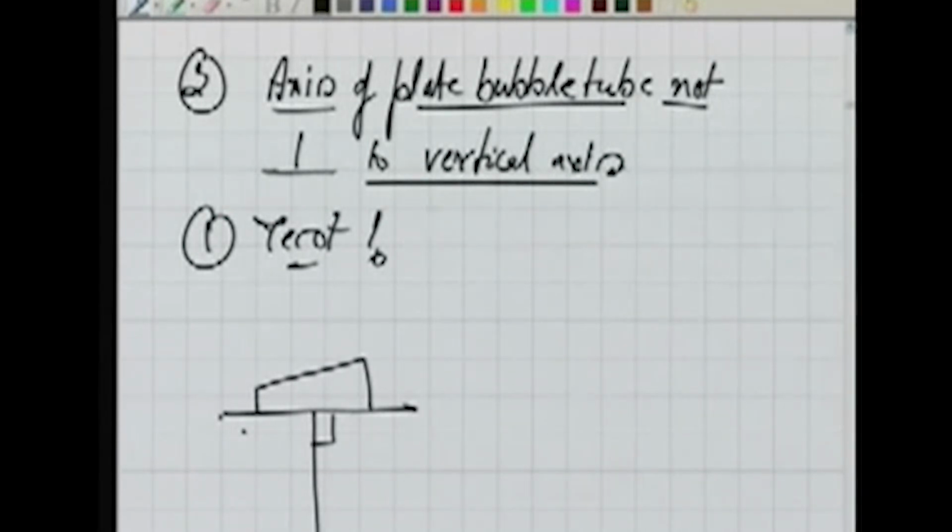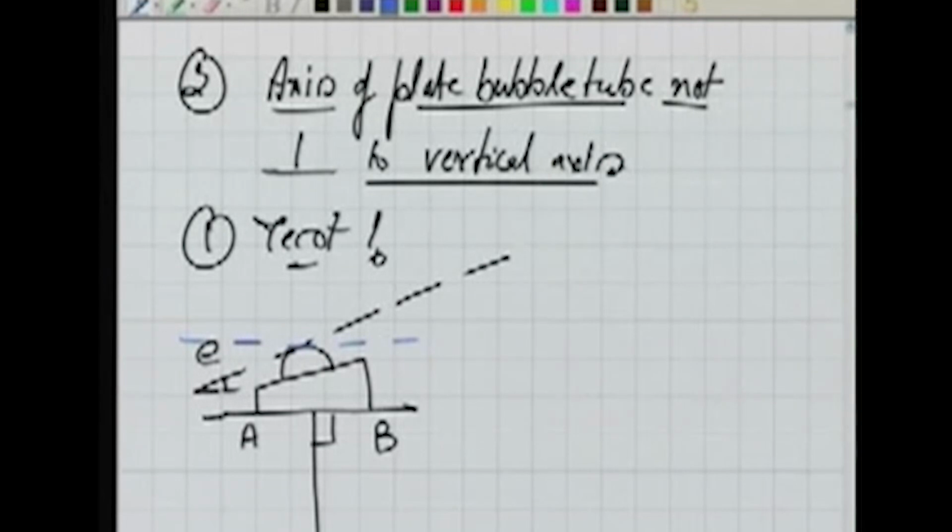We have the A end and B end of the plate bubble tube, and the problem is that the axis of the plate bubble tube is making an angle here. Ideally, this should be parallel to the horizontal circle, or we can say it should be perpendicular to the vertical axis, but it is not so.